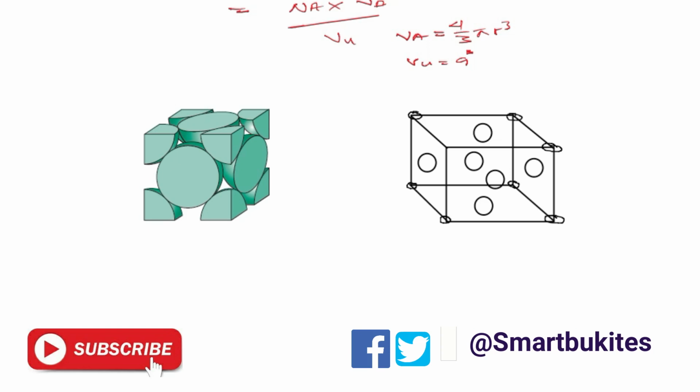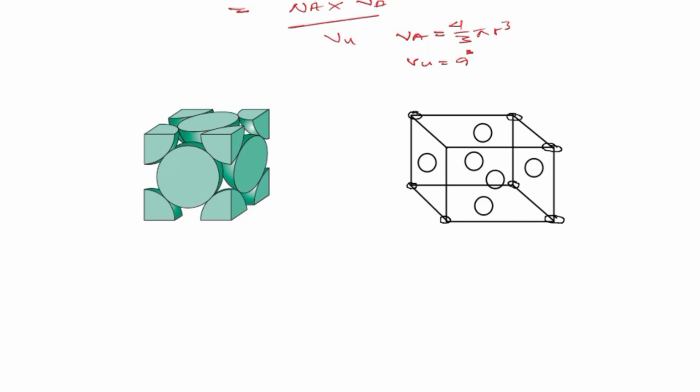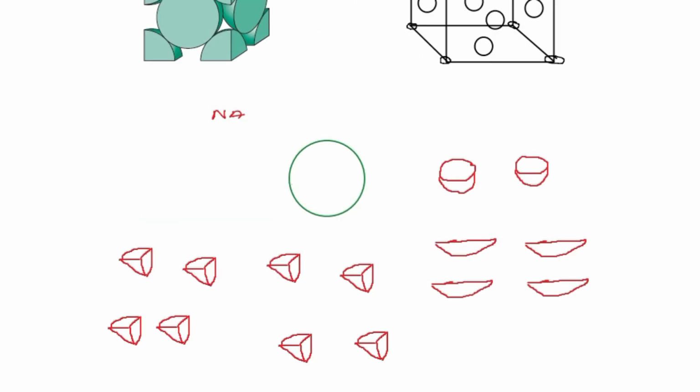Therefore, we make use of an example of a watermelon. Here also, I will be making use of a watermelon as a case study. So in order to simplify the FCC, we assume our atoms to be a watermelon. In our last class, I said if we divide this watermelon into two, we are going to have something like this. This is half of our initial watermelon, and this is half of our initial watermelon, right?